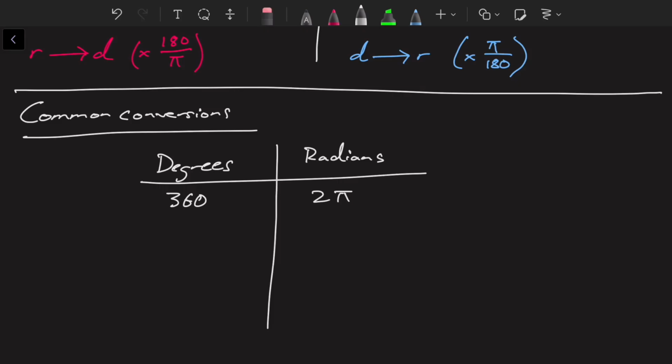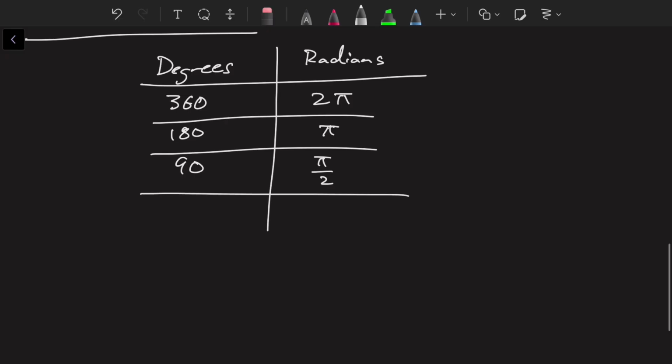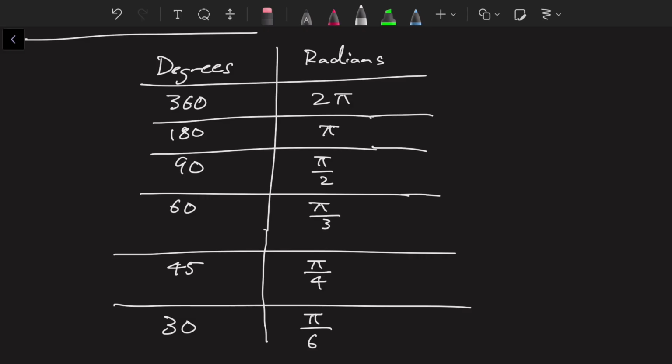That's what we figured out above, which means that 180 is pi radians. 90 is pi on 2. 60 is, we can look at 180 divided by 3, so pi on 3. 45, we can look at 90 and divide by 2, so pi on 4. And 30, you can work it out from multiple ones, but I'm just going to say it's pi on 6. Cool. Apologies for those uneven lines.